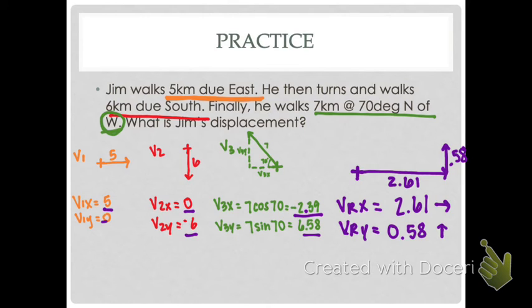And so now this means my final resultant is my red line right there. And so I need to find the hypotenuse and that angle that goes with it. Why don't you guys go ahead and try that, and I'll give you a jump start on that.